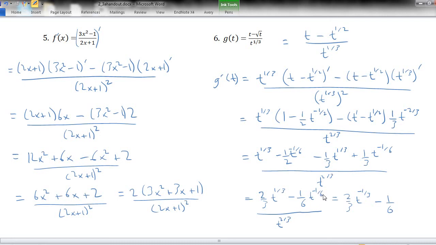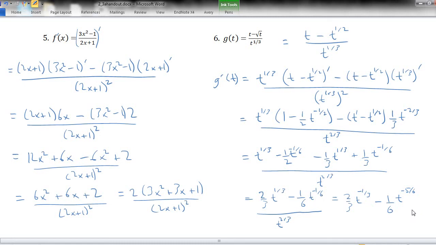Well, what is that? Negative 1/6 minus 4/6 would be negative 5/6. So t to the negative 5/6. And that looks pretty good as an answer.